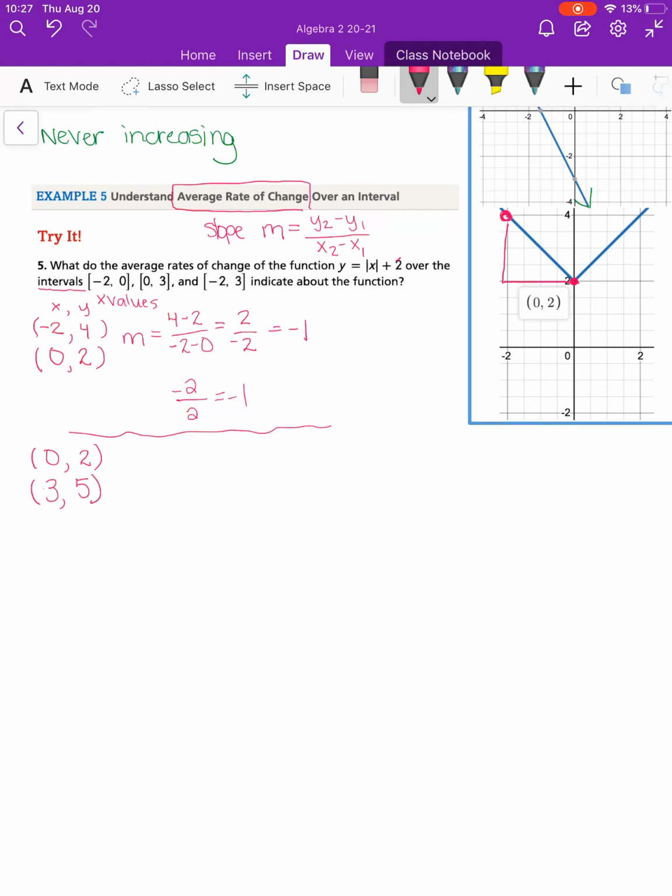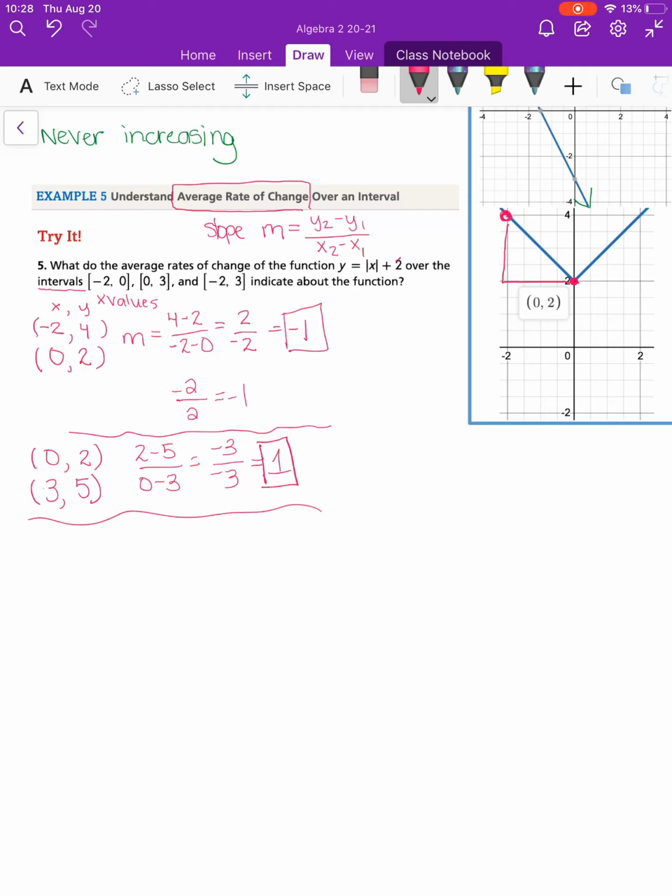All right, so 2 minus 5 over 0 minus 3 is -3 over -3. Use those math skills. Negative divided by negative is positive. So +1. Notice this slope is different than this slope.